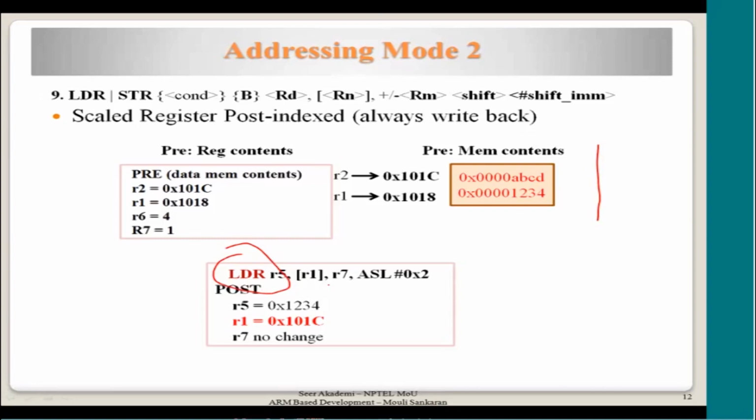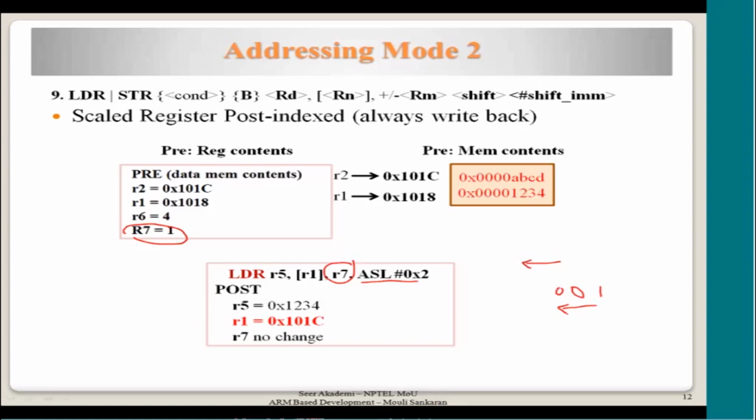Okay. Now let us understand what happens here. By now you should be able to clearly see that. See, arithmetic shift left. What is arithmetic shift left? Left is what? This one, right? Which register? R7. What is R7 having now? It is having 1. So 001 shifted by 2 bits becomes 100.